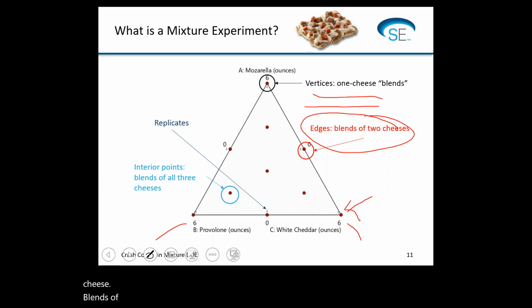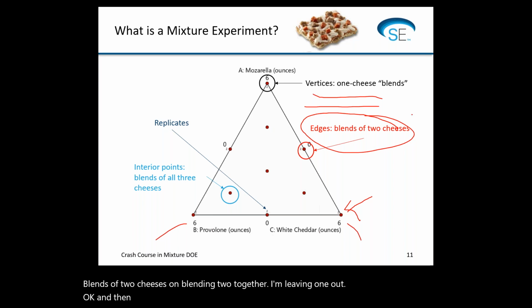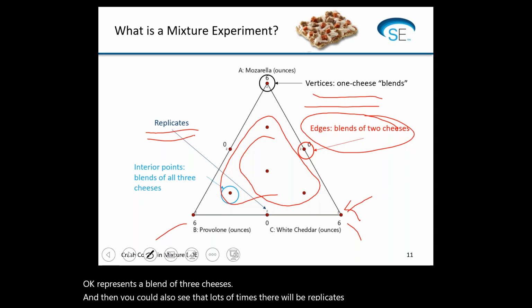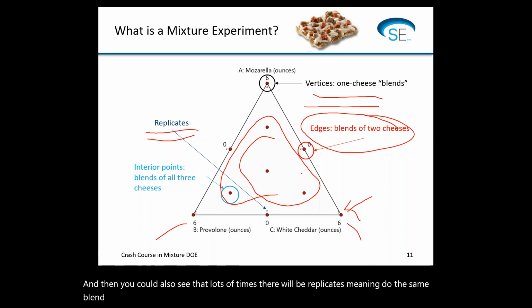So I'm blending 2 together, I'm leaving 1 out. Okay, and then any point in the interior here represents a blend of 3 cheeses. And then you could also see that lots of times, there will be replicates, meaning do the same blend independently 2 or 3 times. Okay.